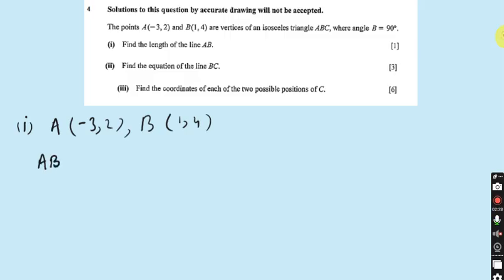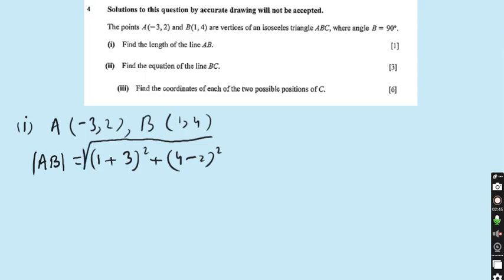So length is equal to the square root of (x2 minus x1) squared plus (y2 minus y1) squared. 1 plus 3 is 4, 4 squared is 16, 4 minus 2 is 2, 2 squared is 4, 16 plus 4 is 20.